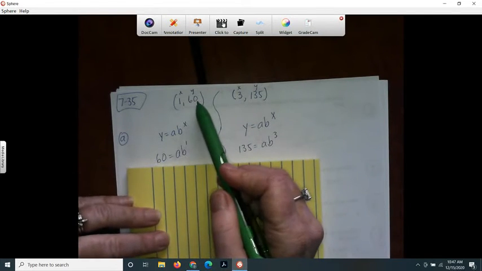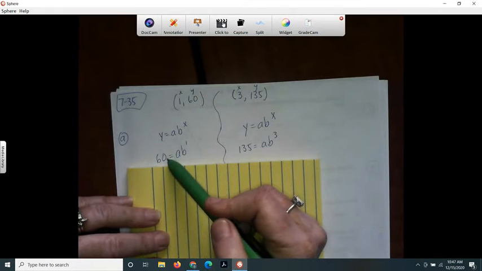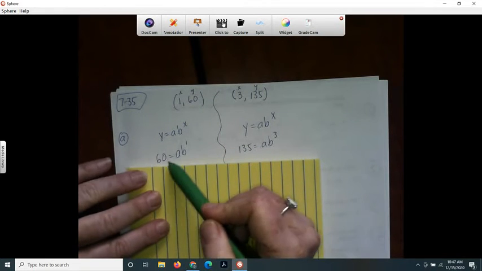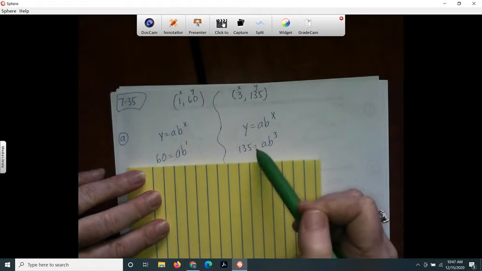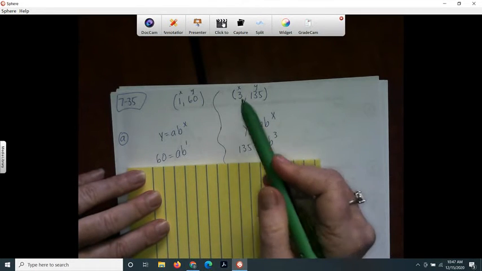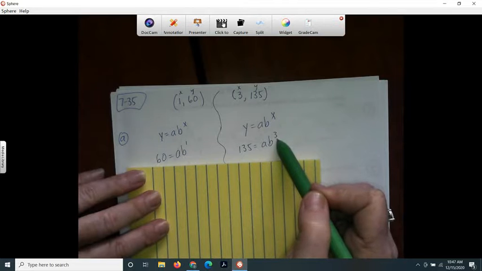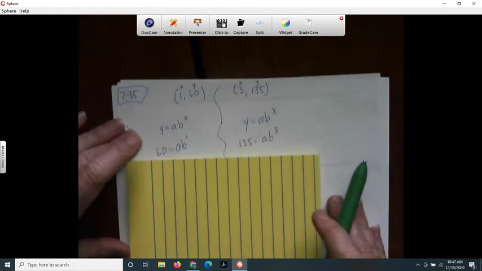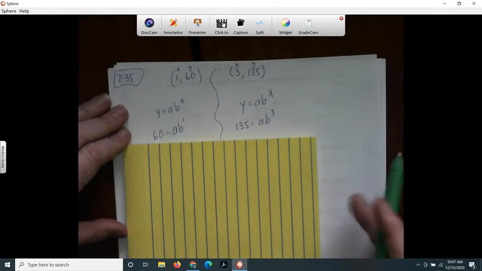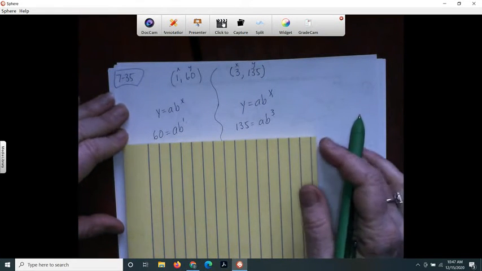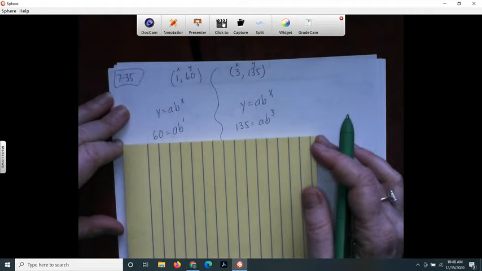So I'm going to plug in the 60 for y and the 1 for x over here, and then do the same exact thing over here. You can just see what I'm doing. I'm plugging in the y and the x, and I get these two nice equations. Because they're exponential equations and there's nothing being added or subtracted, I can just divide one equation by the other.